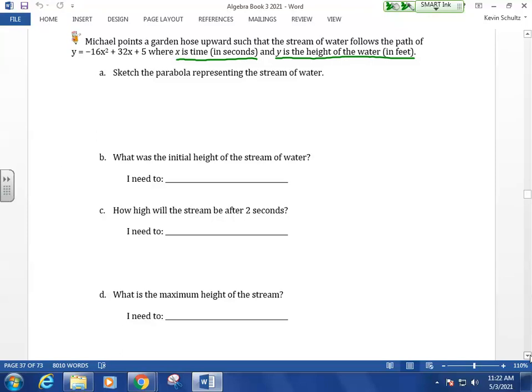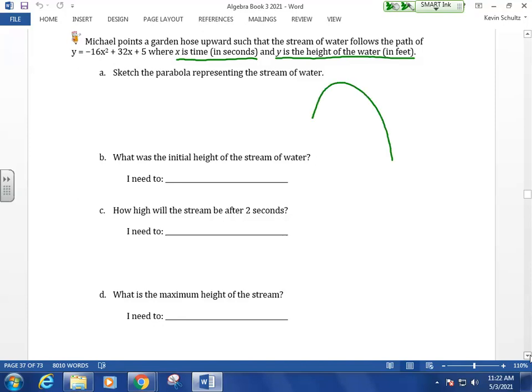It's important to know that because when you're asked these questions, if you don't know what variable you're solving for, that makes it doubly challenging. Letter A, sketch the parabola representing the stream of water. Okay, so it says it goes upward, and Michael's probably holding it, right? I mean, you don't want to hold it on the ground and point it upward. That's not how you water things. So it's going to be probably kind of like this.